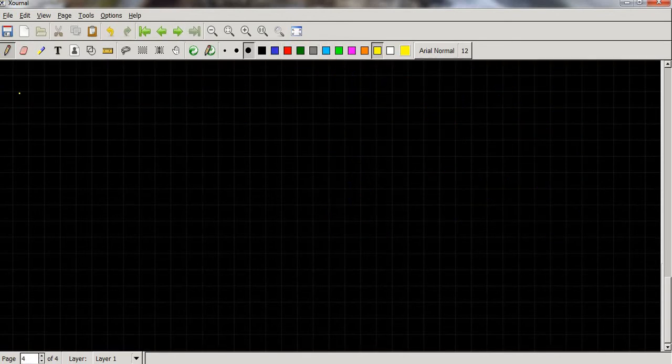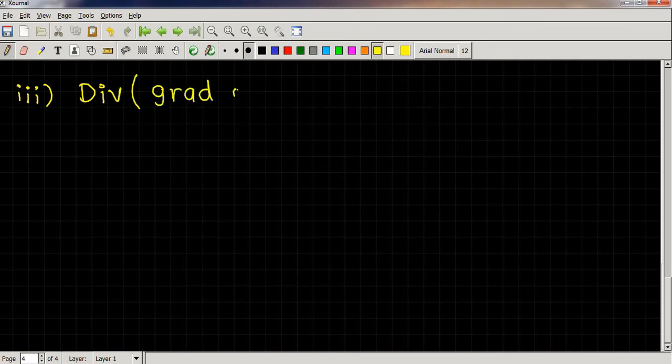Then we move to the third vector identity, that is divergence of gradient of phi. So divergence is nothing but del dot gradient, which is del phi.